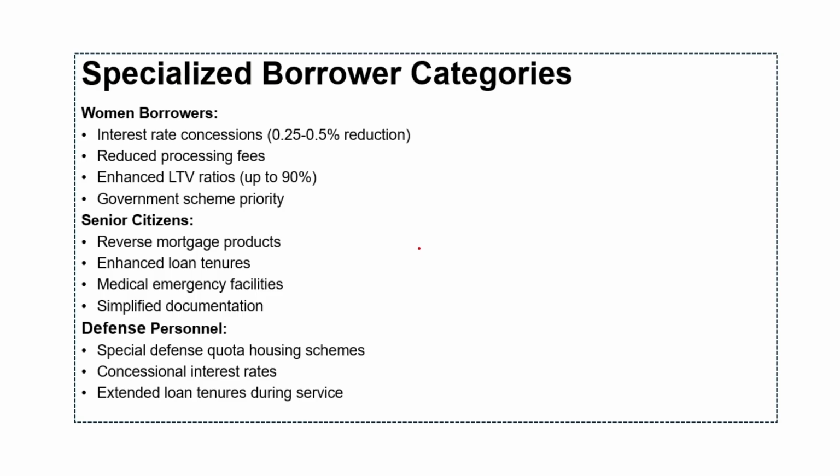These specialized products reflect lenders' understanding that one size fits all approaches don't serve diverse borrowers' needs effectively. So the key is matching borrower circumstances to the appropriate specialized program while understanding the qualification requirements and benefit limitations.